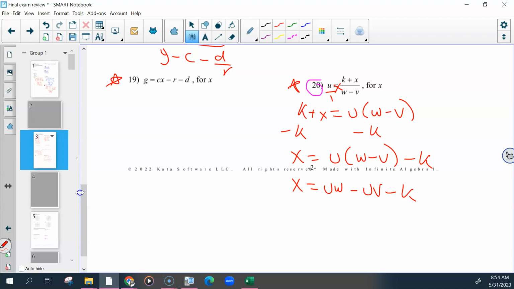If you divided, you'd have to divide everything by c. So you could do that, but then you'd end up with a lot more fractions than you might want.